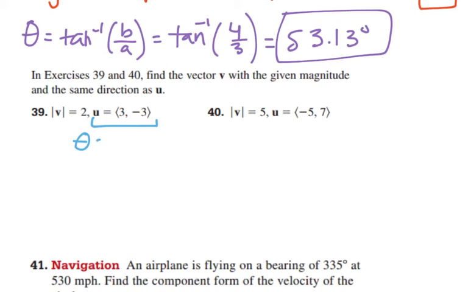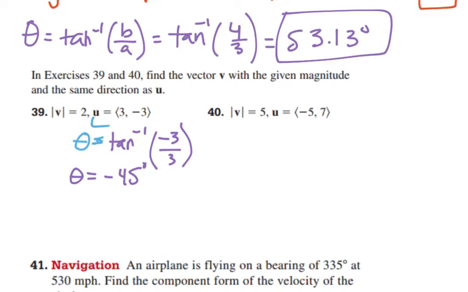And so we need to take 3 squared and add it to negative 3 squared and square root. Oh, sorry, we're not finding the magnitude, we're finding the angle measure, which is tangent inverse of the vertical movement over the horizontal movement. And so our theta ends up being negative 45.